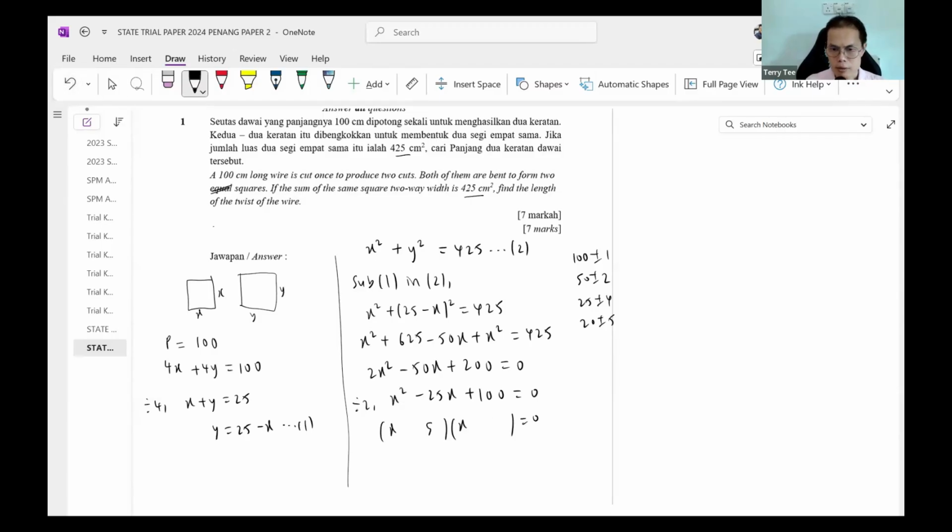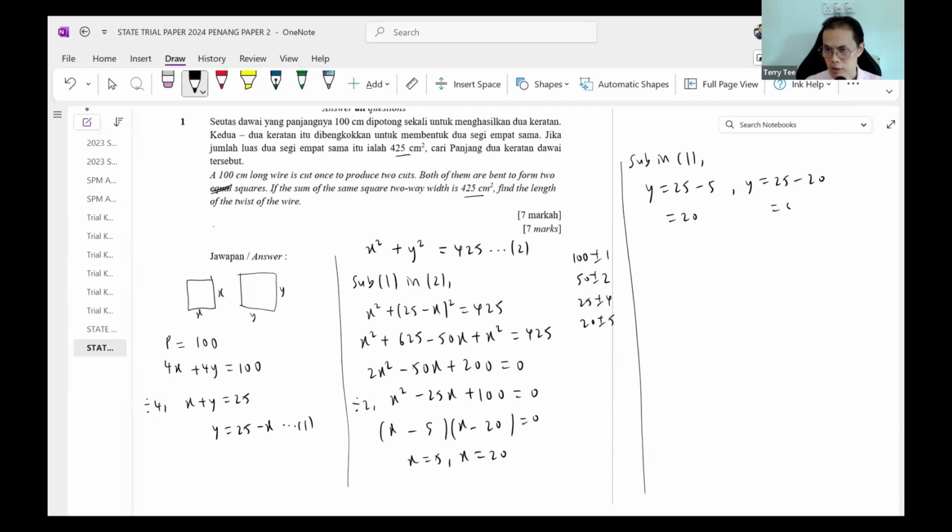That will give us negative and negative here, right? x is either 5 or 20. Once you get the x value, you find your y value by substituting into equation number 1. Your y is 25 minus 5, which gives us 20, or 25 minus 20, which gives us 5.